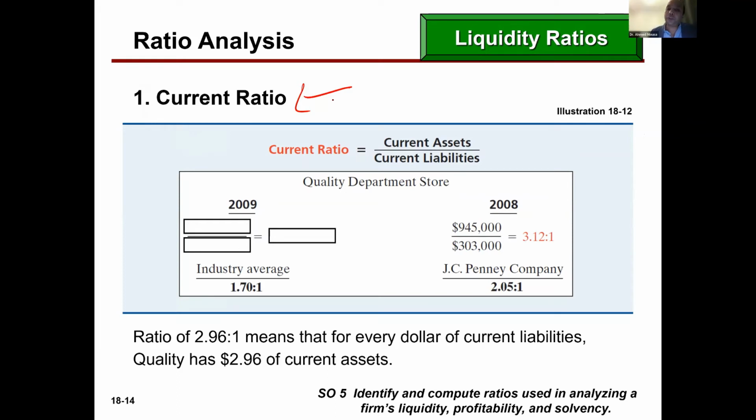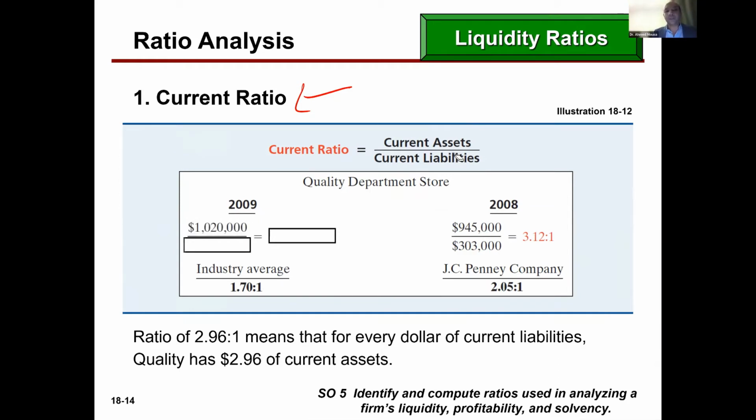Where are your short-term debts? In the current liabilities. And from where do you pay your debts? From the assets. So you just divide current assets by current liabilities, and we knew these current assets and current liabilities from the last session.